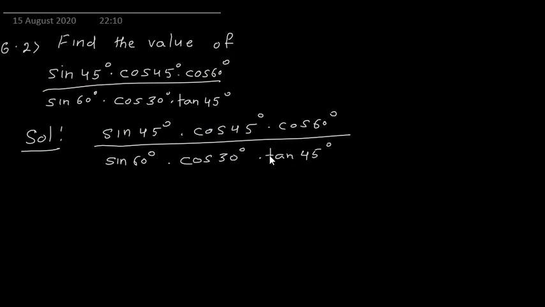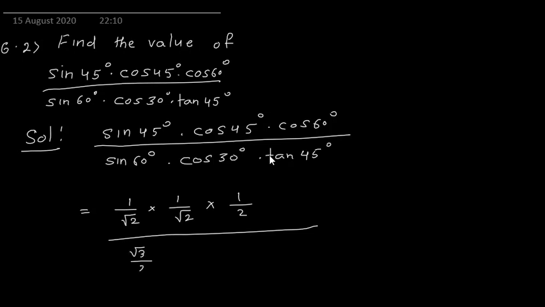Now this is equals to, we will put the values. What is the value of sin 45? Value of sin 45 is 1 upon root 2. So this is 1 upon root 2 multiplied by cos 45, again it is 1 upon root 2 multiplied by cos 60, the value of cos 60 is 1 upon 2, whole divided by sin 60 is root 3 upon 2 into cos 30 is root 3 upon 2 into tan 45 is 1.